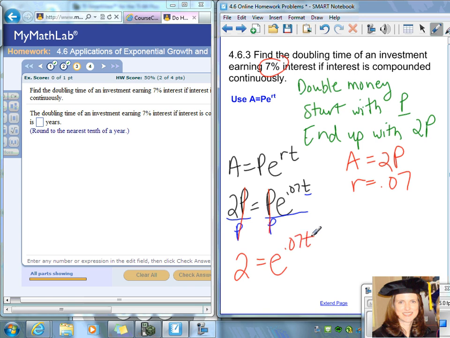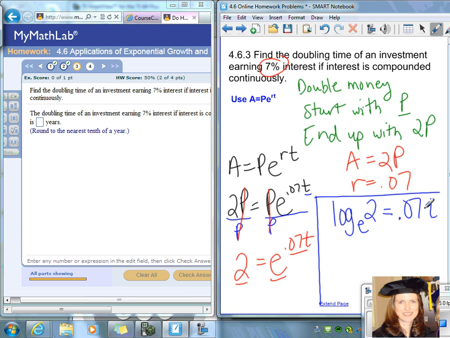This is an exponential equation, and it has 3 parts. It has a base, an exponent, and an argument. We're going to convert this to logarithmic form. So we can say log base e of 2 is equal to the exponent 0.07t.